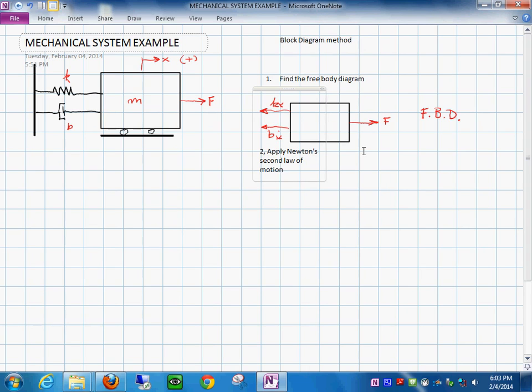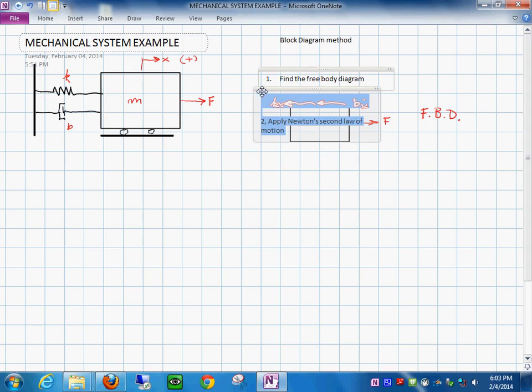It means that we apply Newton's second law of motion, hopefully being able to move this down.